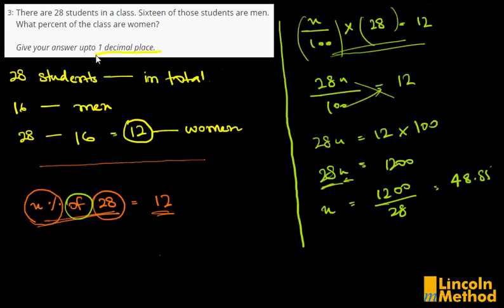Now since we're required to give our answer in one decimal place, we can round it off to 48.9, and since we're working with percentages, we cannot forget the percent sign. So 48.9% of the class is women.